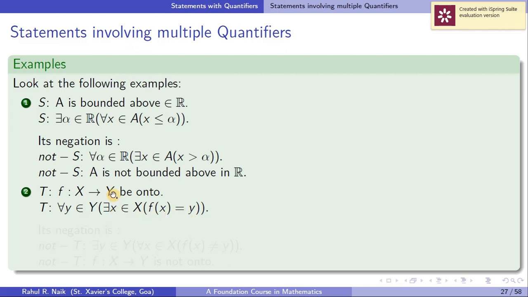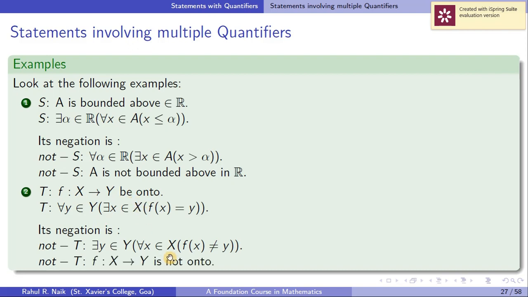That's the same as saying that there is at least one element in Y which does not have a pre-image. When I say it in that way, it becomes complicated to write down. So how would you write it down? There exists y in Y such that for any x in X, f of x will never be equal to y.